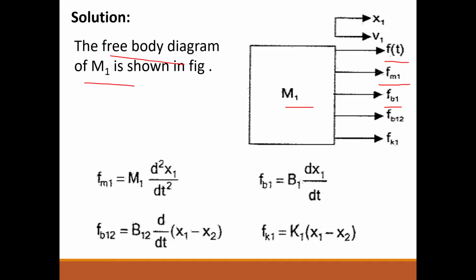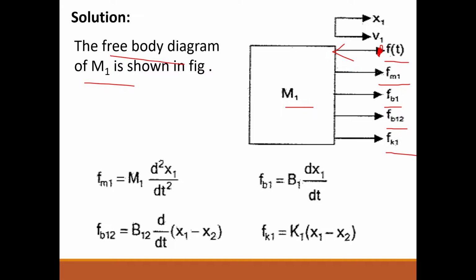B1 is there, so FB1, FB12 is there, and FK1 is there. Opposing forces are Fm1, FB1, FB12, FK1. F of t is the applied force. If you want to be more specific, you can change the direction of F of t.